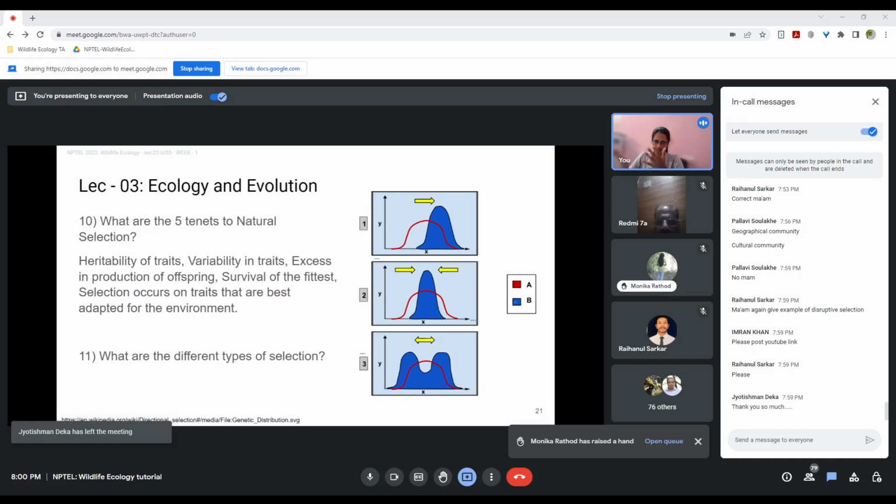So figure 2 has stabilizing selection, so it's acting against both the ends. Somebody gave an example of human children: between the weights of 3 to 4 kgs are selected for. So that is the optimum weight that is selected for. But those that have lower than 3 kilos or over 4 kilos are not selected for. They are not an optimum weight for survival.